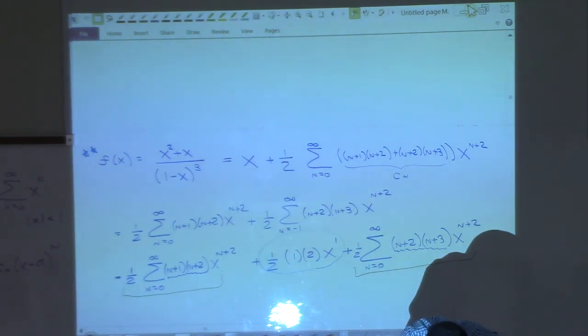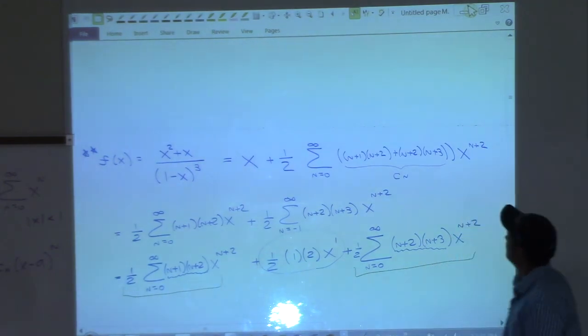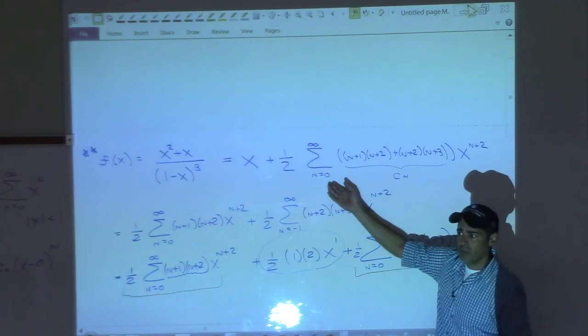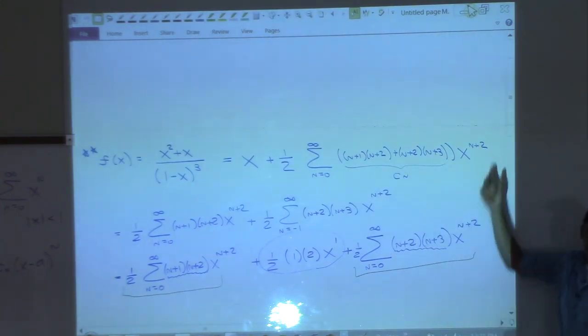Is that the final answer right there? Or do you want it in terms of x to the n? Well, we can leave it like this if we want it to start at 0. Or you could go x to the n.